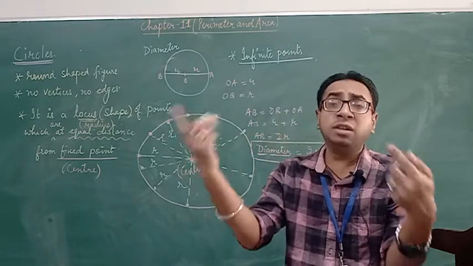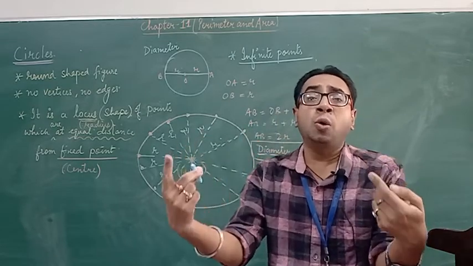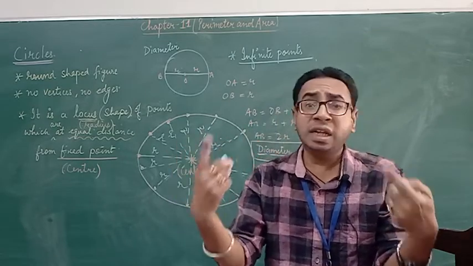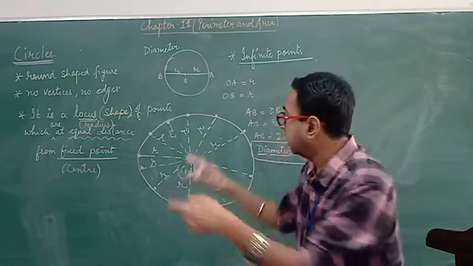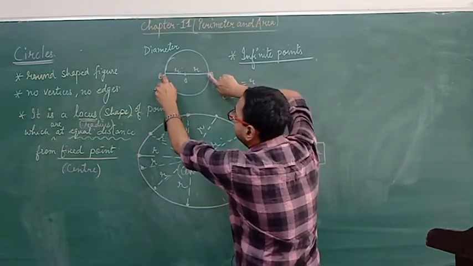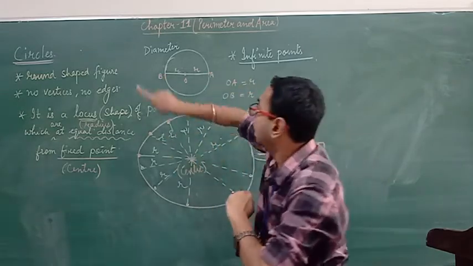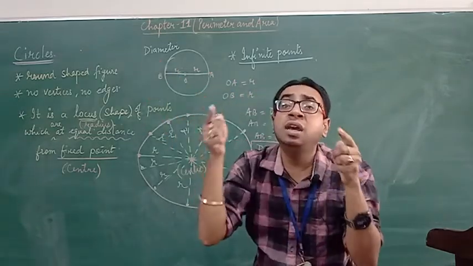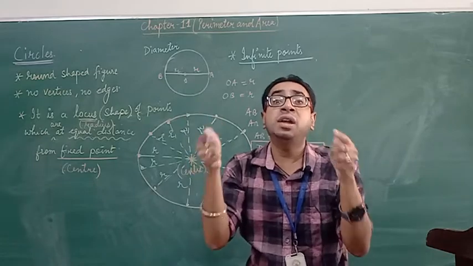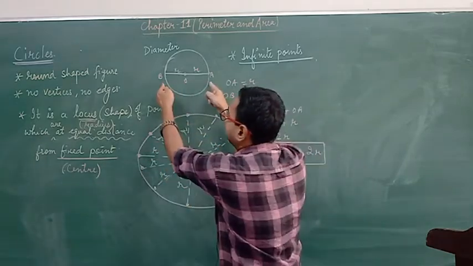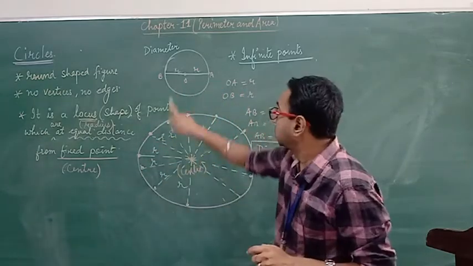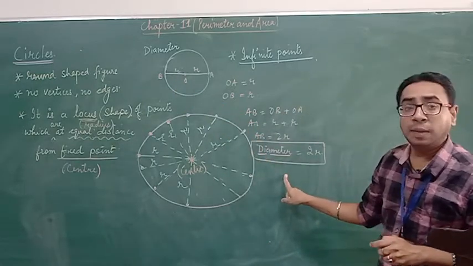In higher classes you will learn about chord, secant and tangent. That is a completely different perspective. But till now, a line segment passing through the center is called the diameter. Why am I saying line segment? Because there is always a measure of this diameter. So twice the radius is called the diameter.